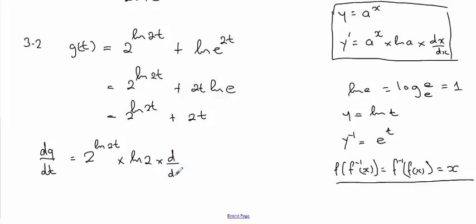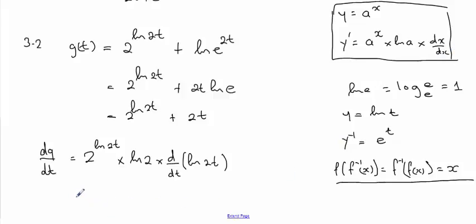I'm talking about the argument of the exponential function base 2. Its argument is ln of 2t, with respect to t. If you look at what I've written here, it is exactly what I've pointed out.